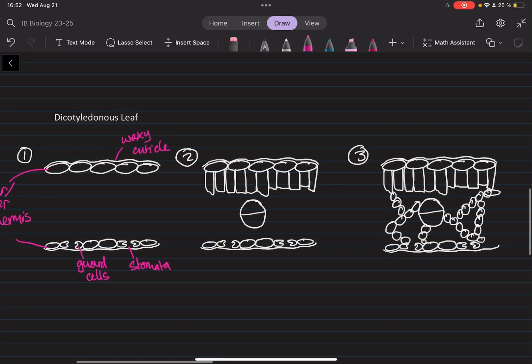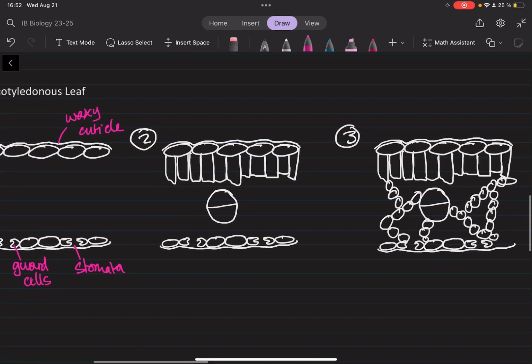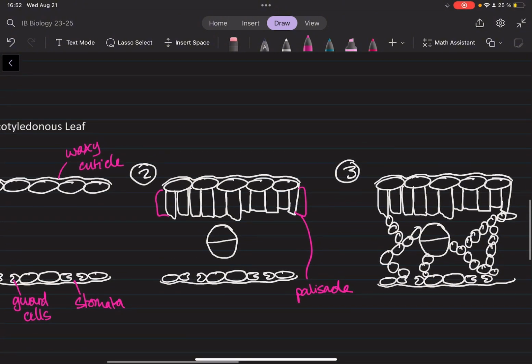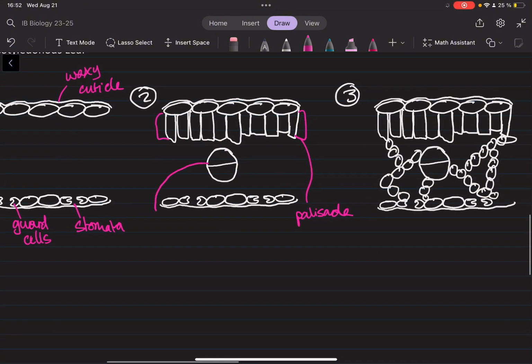Then I draw the layer that's on top, which is this layer called the palisade layer, made up of palisade cells. And then this middle circle, which is the xylem and the phloem. So this top one would be the xylem, this bottom one would be the phloem.